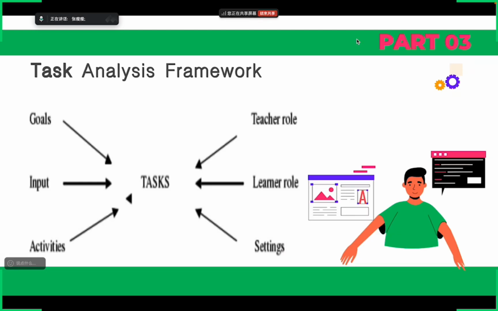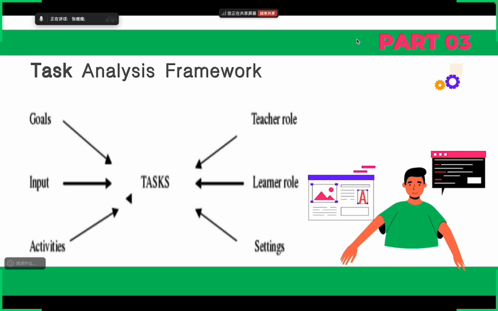This is a task analysis framework. The framework indicates that tasks are influenced by multiple factors. Goals define the objectives to be achieved by the task. Input provides resources such as information required for the task.